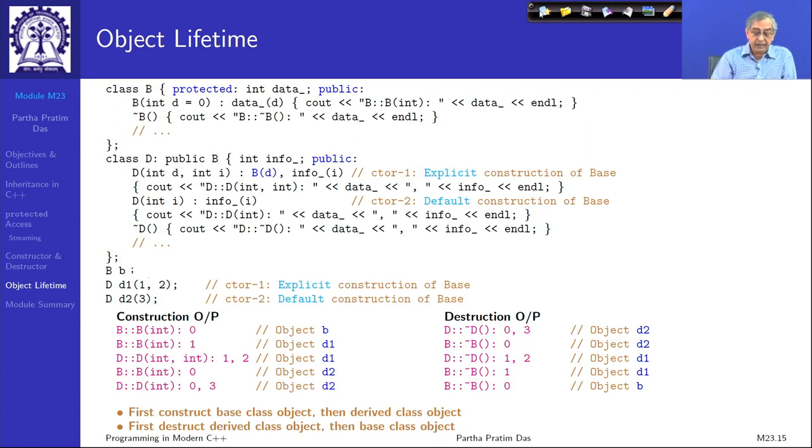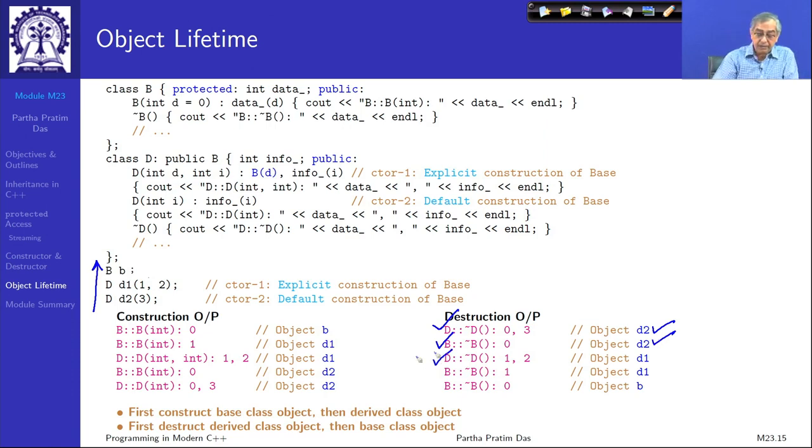So, you can easily see that the destruction will happen in the reverse order. First you will have the destructor called for the last object d 2 created. Now, what will you have to do? It has to destroy the base class. So, it will call the destructor of the base class for the value 0, and then the task gets completed.